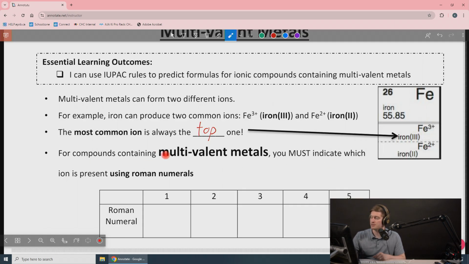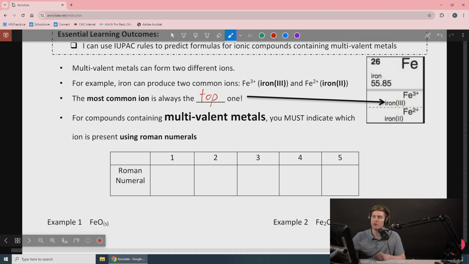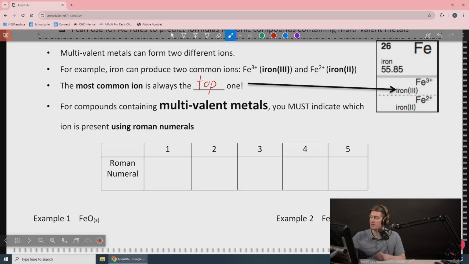For compounds containing multivalent metals, you must indicate which ion is present using Roman numerals. If you're not familiar with Roman numerals, you only really need to know how to count to 5. The Roman numeral 1 is the letter I. The Roman numeral 2 is 2 I's. The Roman numeral for 3 is 3 I's.